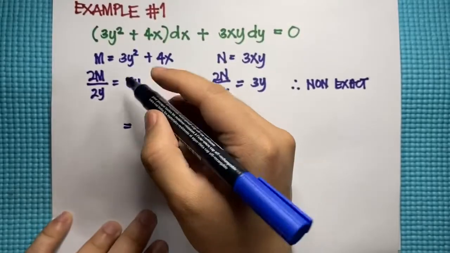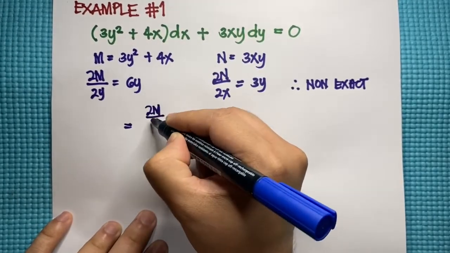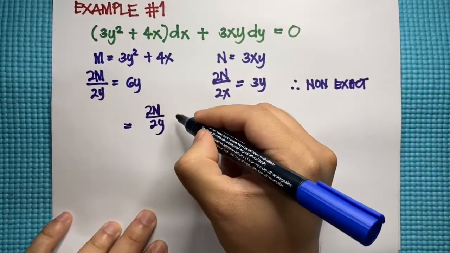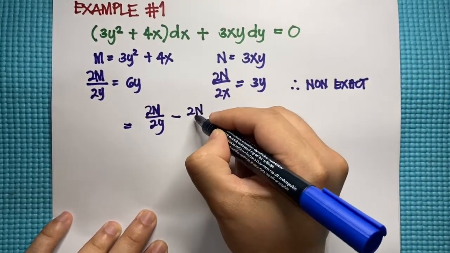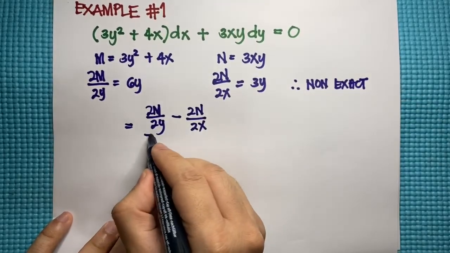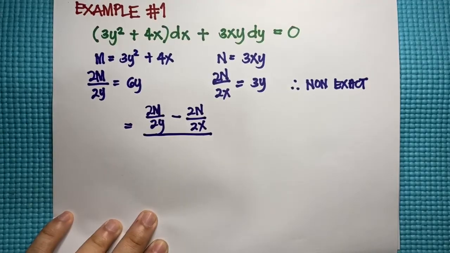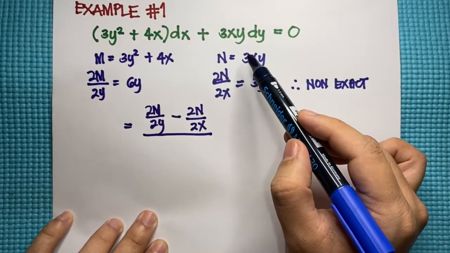Case 1 and case 2 have the same numerator, which is the difference between the partial derivative of M with respect to y and the partial derivative of N with respect to x. So the question here is, are we going to divide it with M, or are we going to divide it with N?